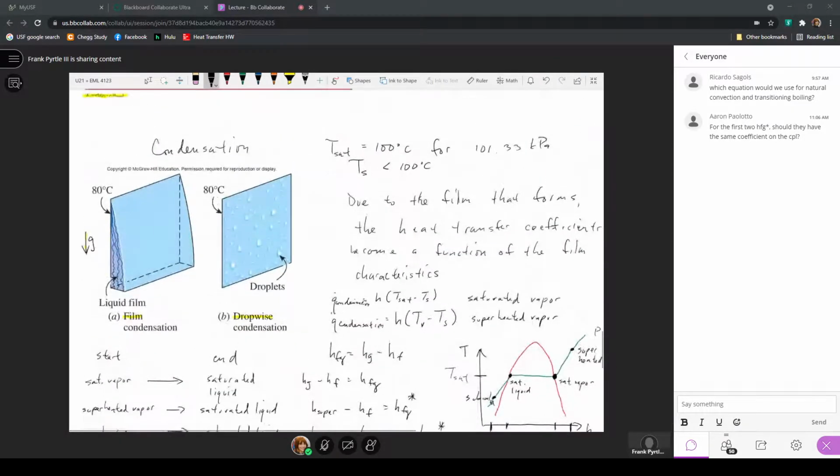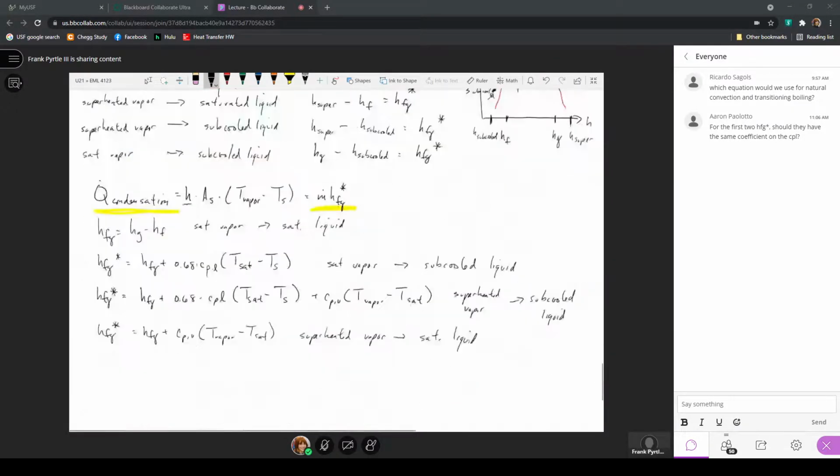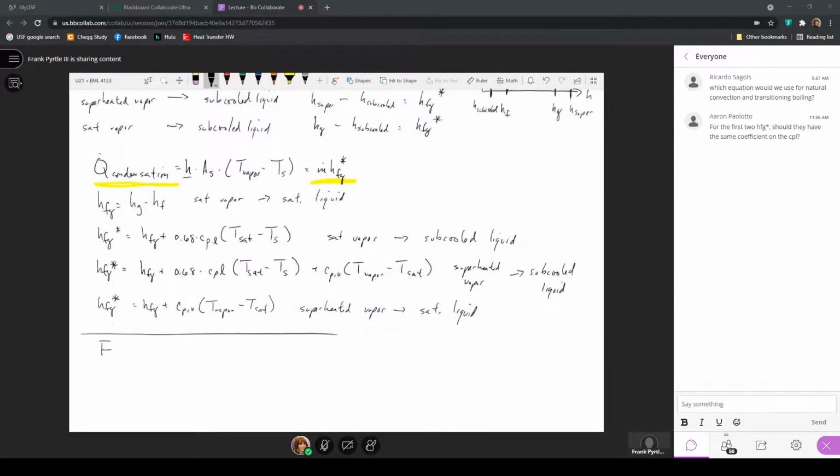For film condensation, there are correlations for the average heat transfer coefficient that are going to be based on expressions.